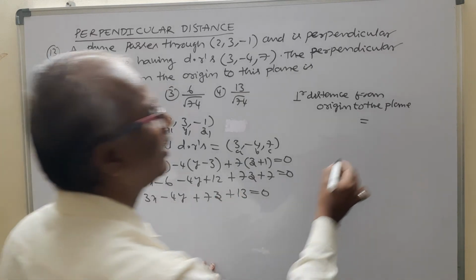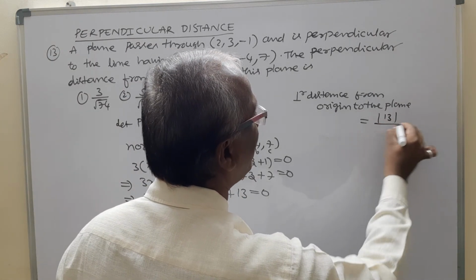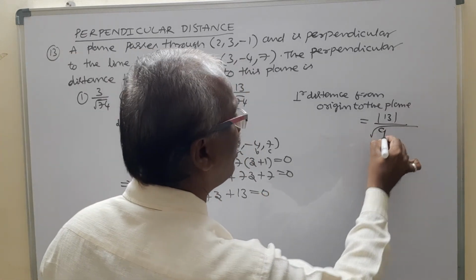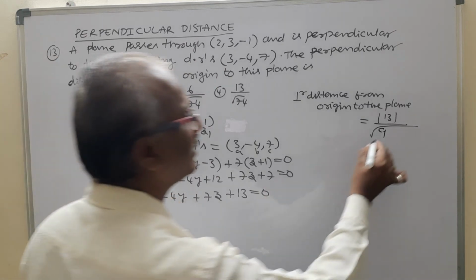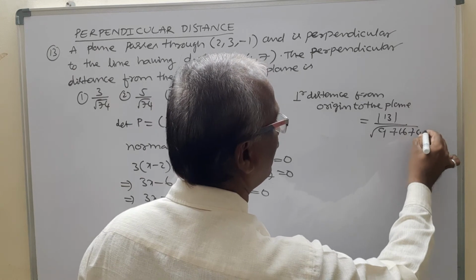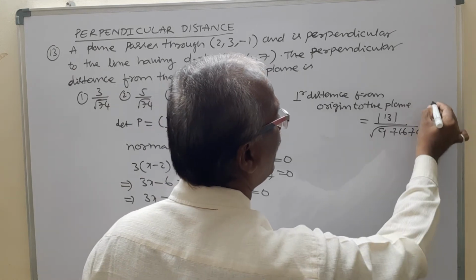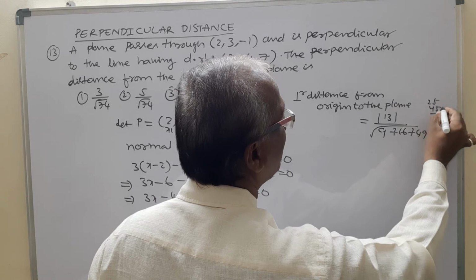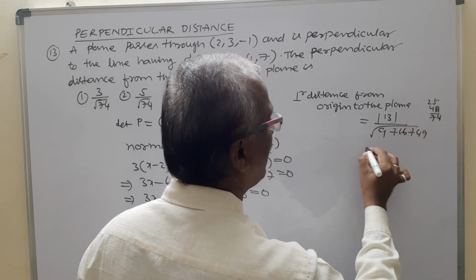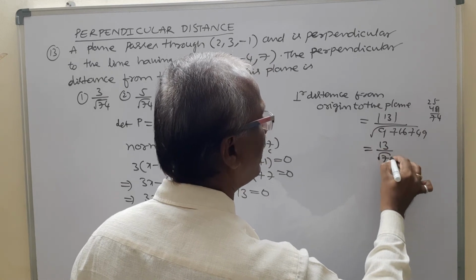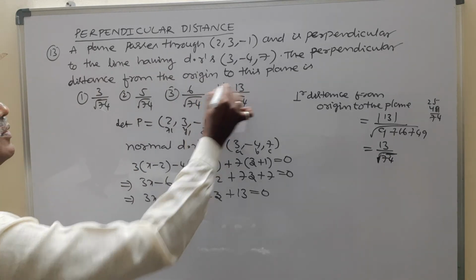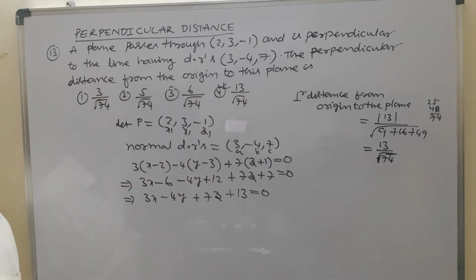Here mod d equals modulus of 13, over root of 3 square 9, plus (-4) square 16, plus 7 square 49. 9 plus 16 is 25, 25 plus 49 is 74. So 13 by root 74 is the answer. The fourth option is correct, 13 by root 74.